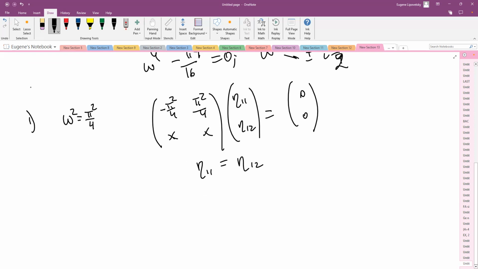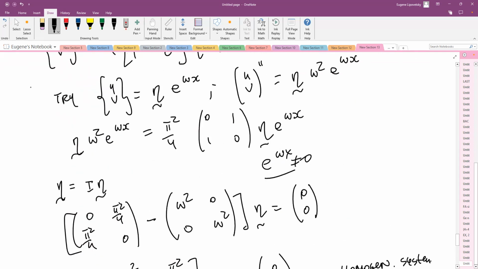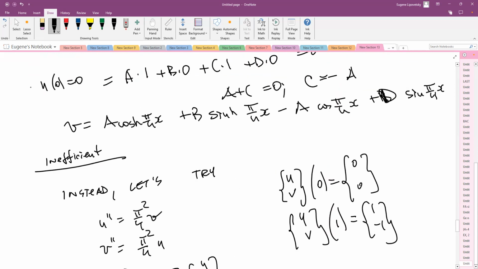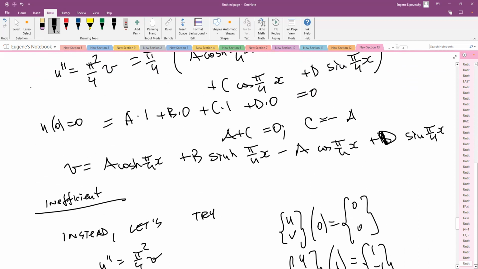But we only have one where we have here two values of omega. So I guess this doesn't really help much, right? I guess this doesn't really avoid the problem we ran into here. So we'll have this one, c equals minus a.